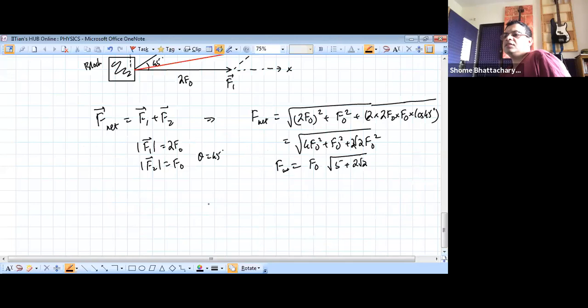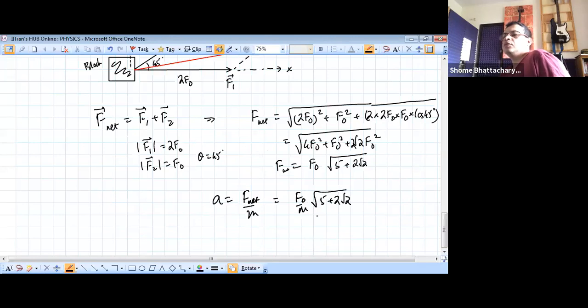So the acceleration in this case will be, the magnitude of acceleration will be net force divided by mass. So that will become F naught by m into square root of 5 plus 2 root 2.